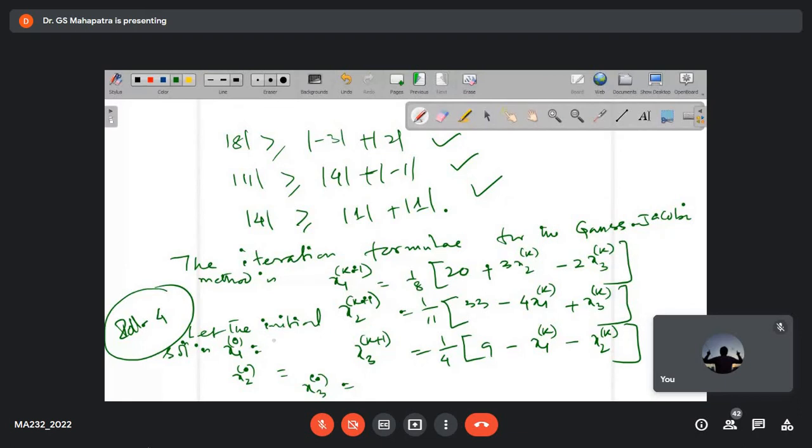Okay, roll number 8, what is the initial solution for this problem? It is given or not, first of all? Okay, roll number 11.